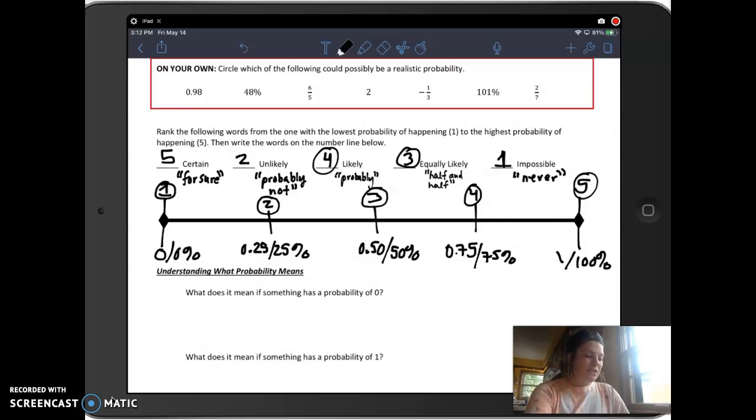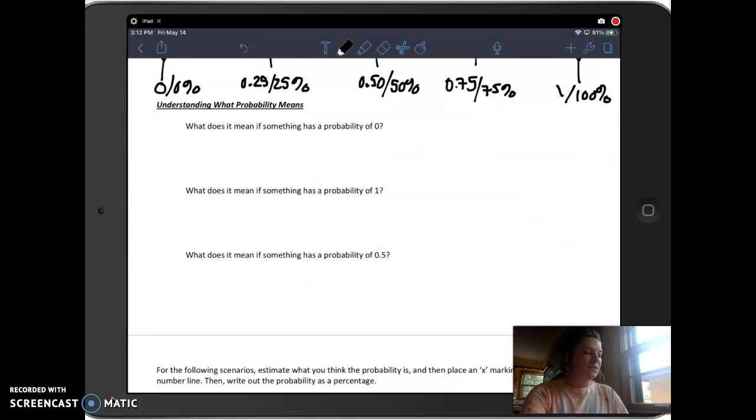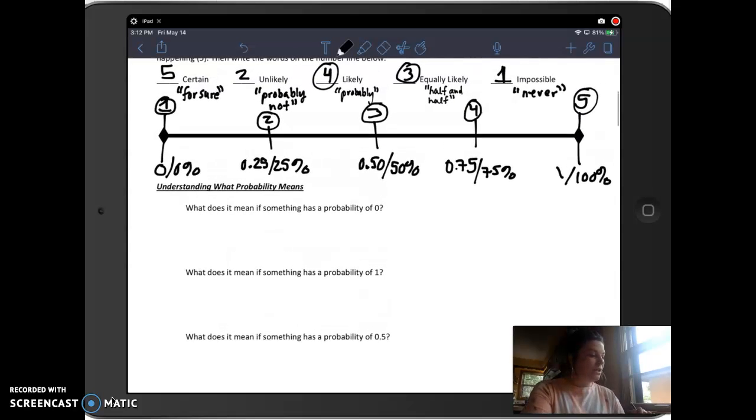All right, so just to go into it a little bit more, let's answer these few questions about what we just talked about. So what does it mean if something has a probability of 0? So looking back at what we said before, probability of 0 is here. And we said that was impossible or never.